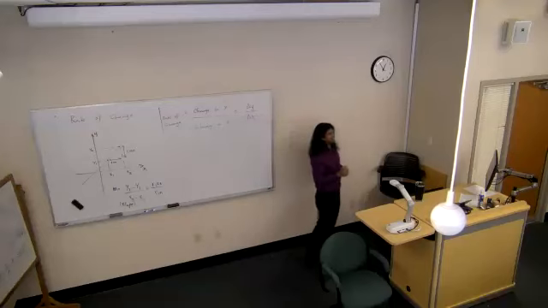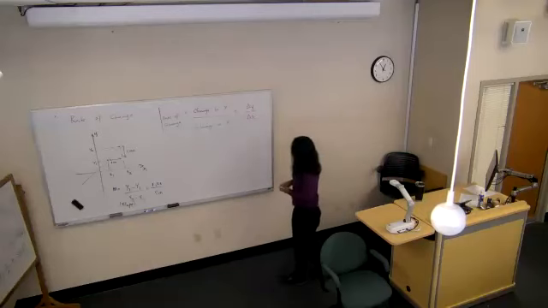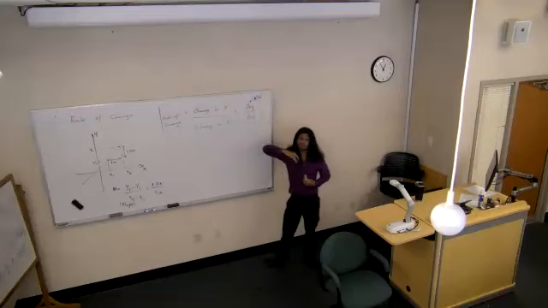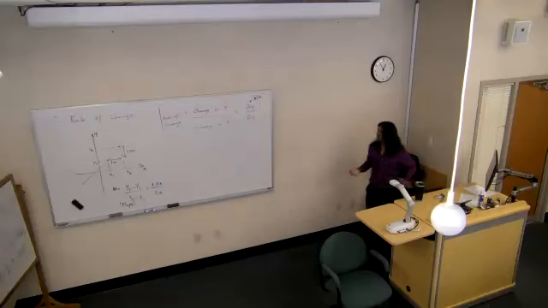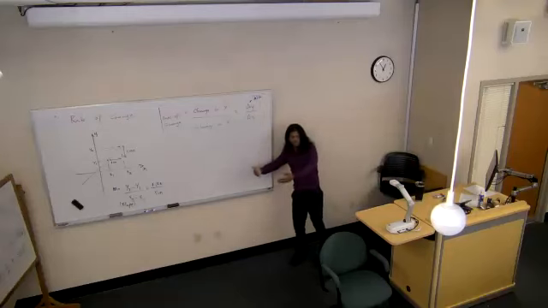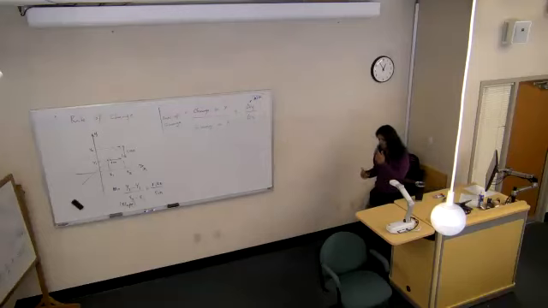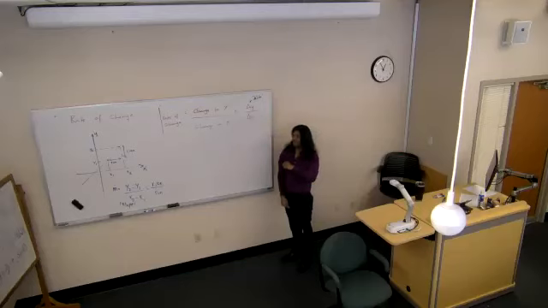Delta y divided by delta x. So change in y with respect to change in x. How does y change when you change x? Hence, rate of change. And we have delta to denote the change part.